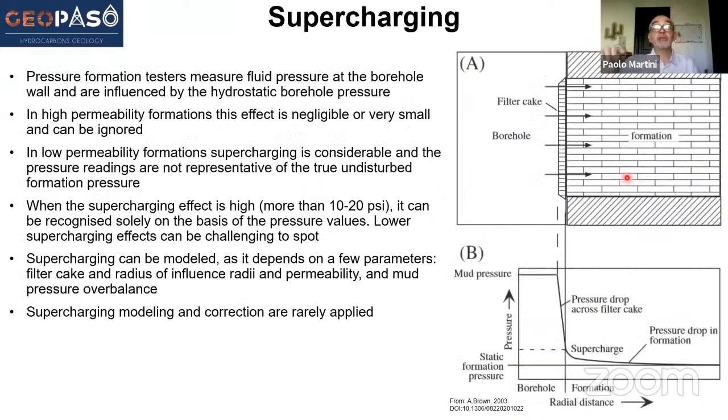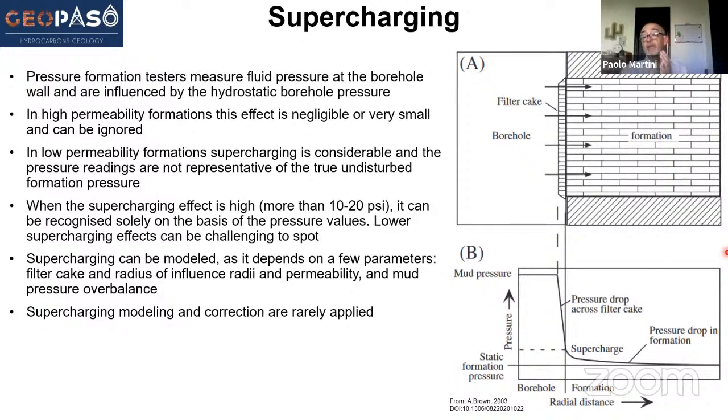Supercharging. Supercharging is basically a phenomenon that is always present. The pressure formation testers measure pressure at the borehole face, the borehole wall, and therefore they are influenced somehow by the hydrostatic borehole pressure.